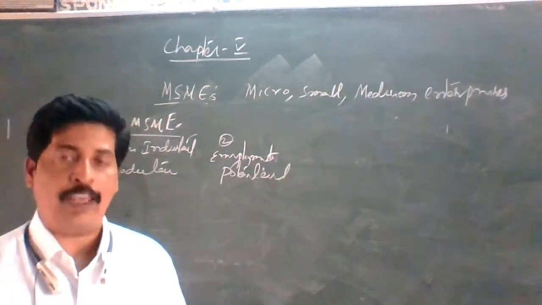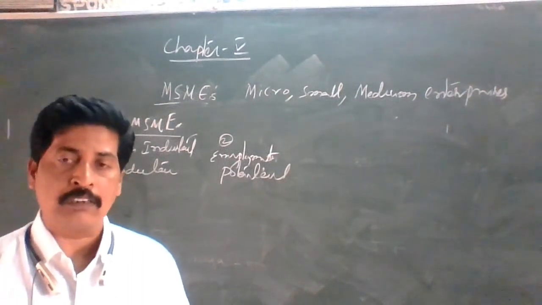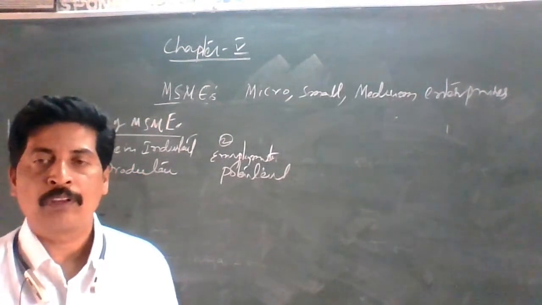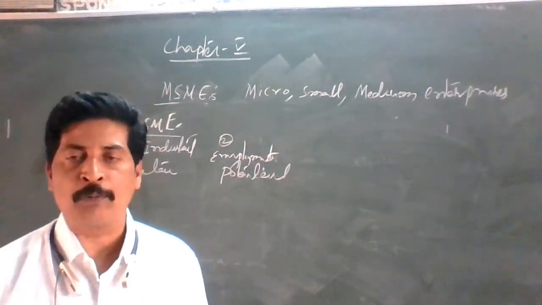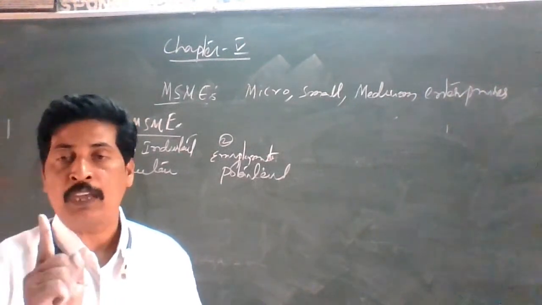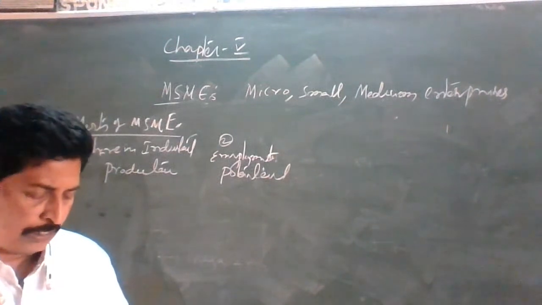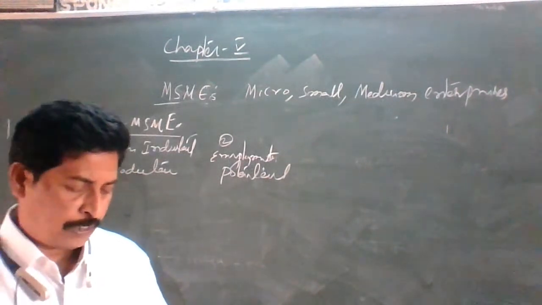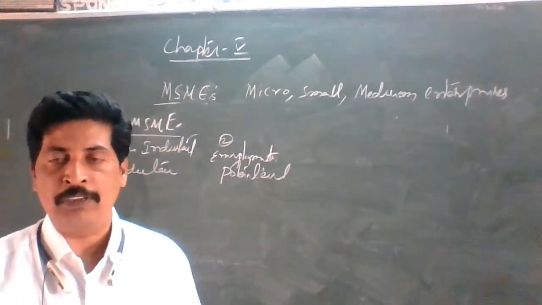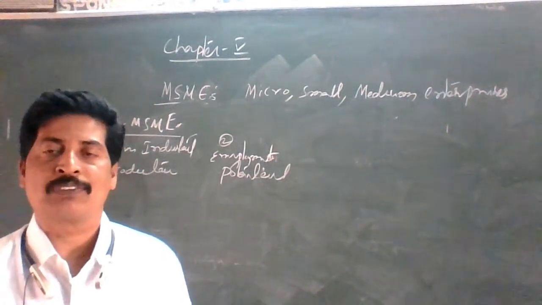Small scale units are labor intensive. An amount of investment for which a big industry provides employment to one person, the same amount can employ 8 persons in micro, small and medium enterprises.